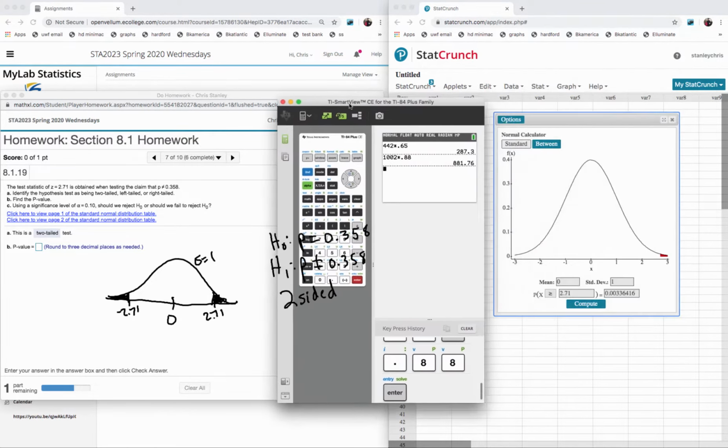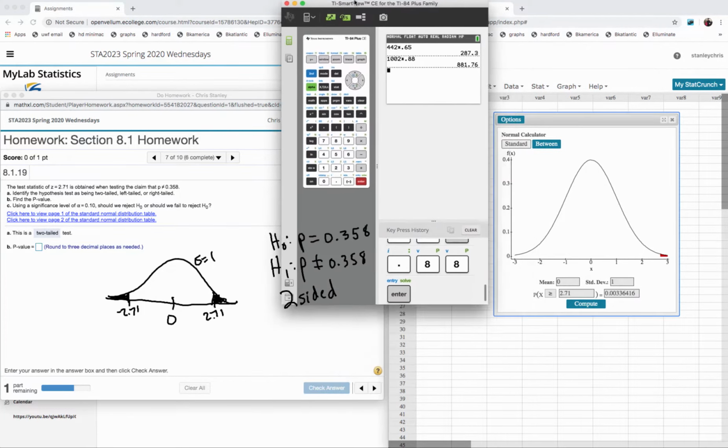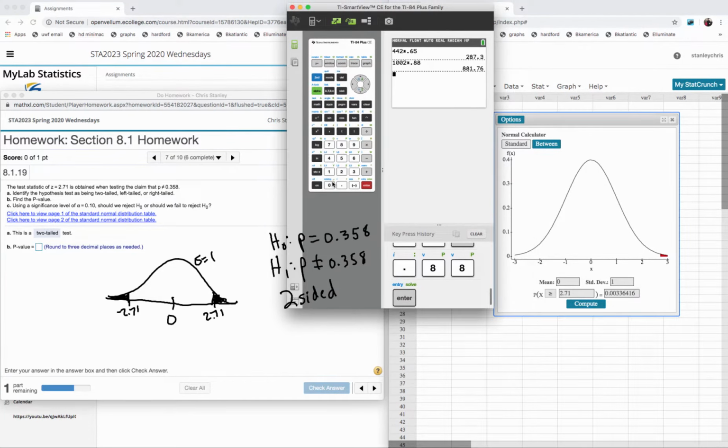So what we need to do is double that value. So we need to put in 0.0033, put this value in here and times it by 2. Timesing it by 2 just multiplies this by 2, which means it adds these two together.